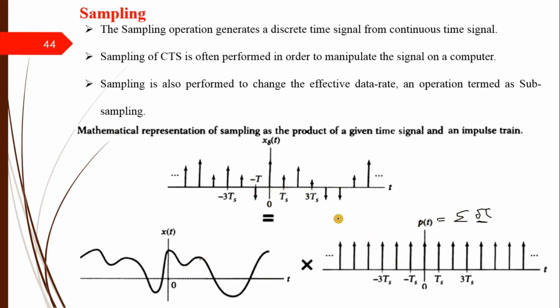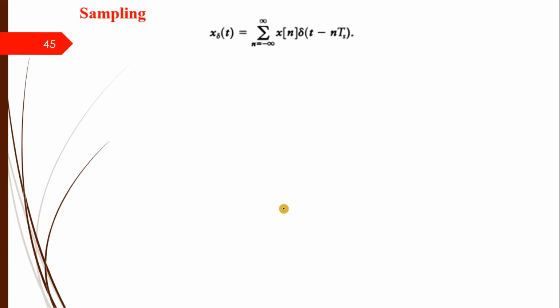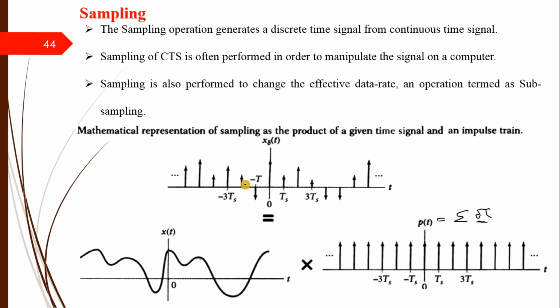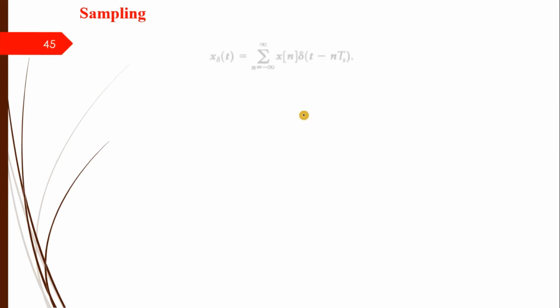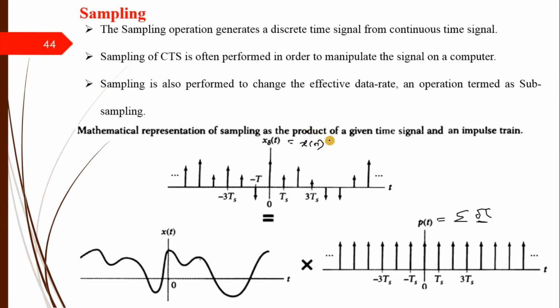The same phenomenon, which I have shown graphically, we will now represent using an equation. The very first thing I'm writing is x delta of t. What is x delta of t? It is the sampled signal. I can write this x delta of t as a summation of x of n times delta of t minus nTs.